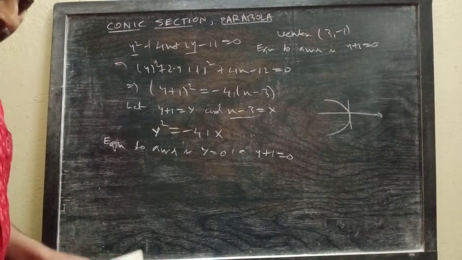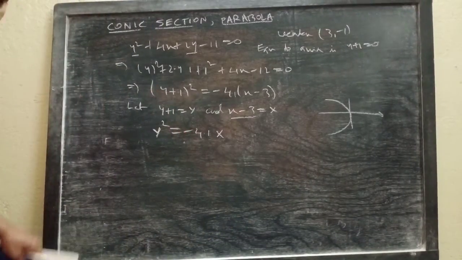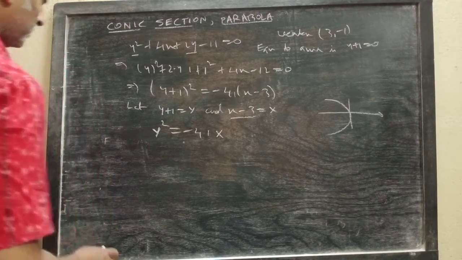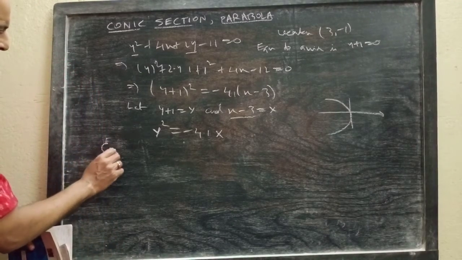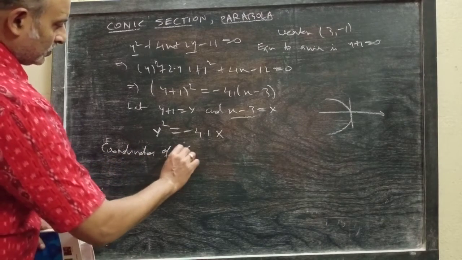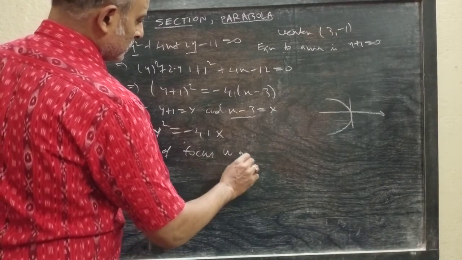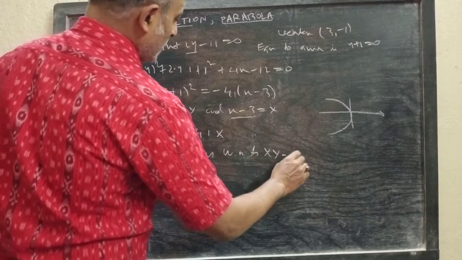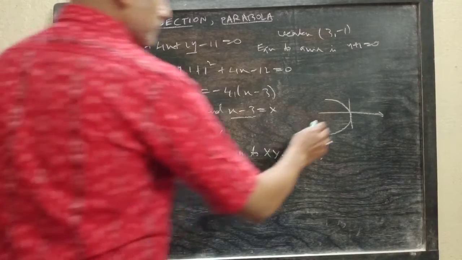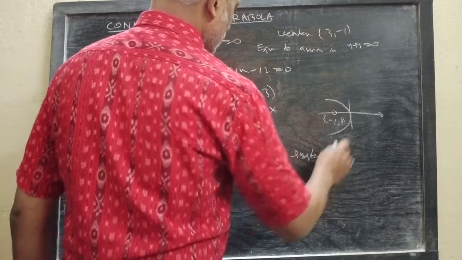Next, let us find the coordinates of focus. Coordinates of focus with respect to the big X big Y system are minus a comma 0, that is minus 1 comma 0.